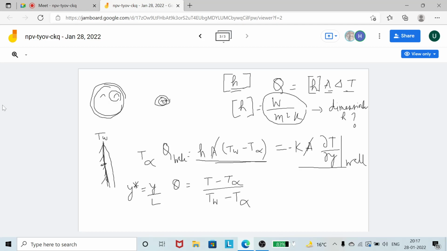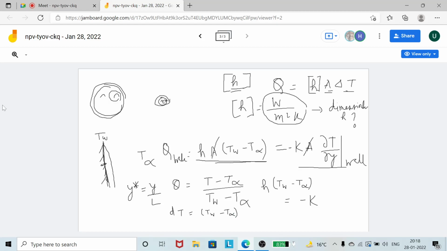And so what is the value of theta star? If you replace this, see h (T_w minus T infinity) is equal to minus k dT/dy. You see that dT is equal to (T_w minus T infinity) d theta.